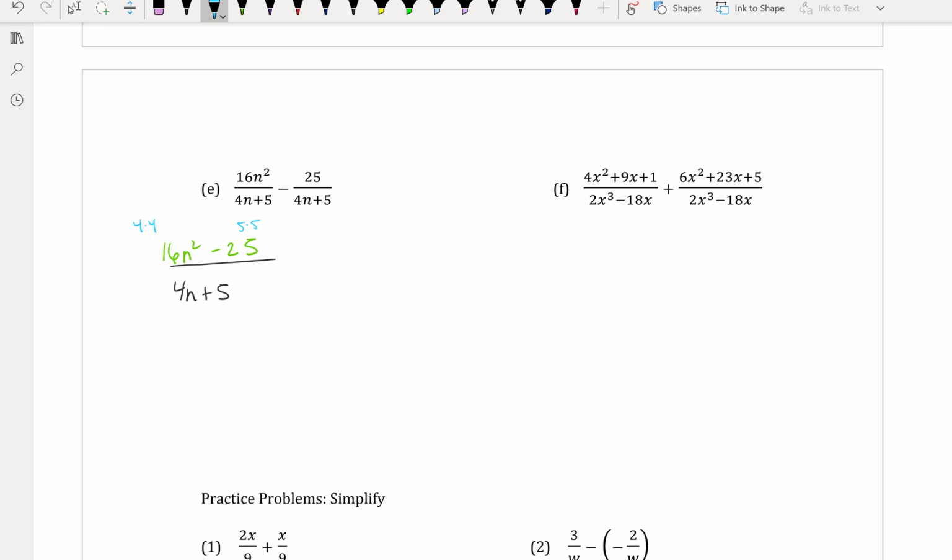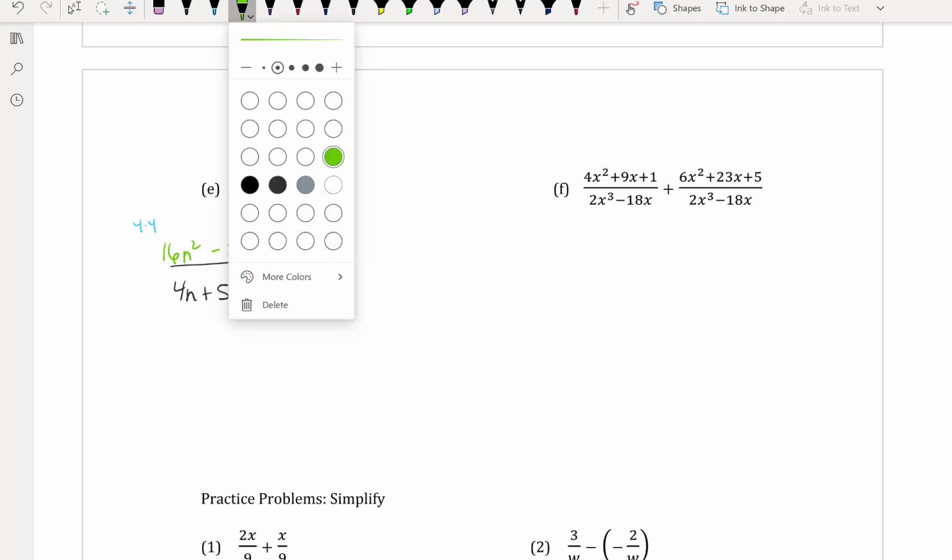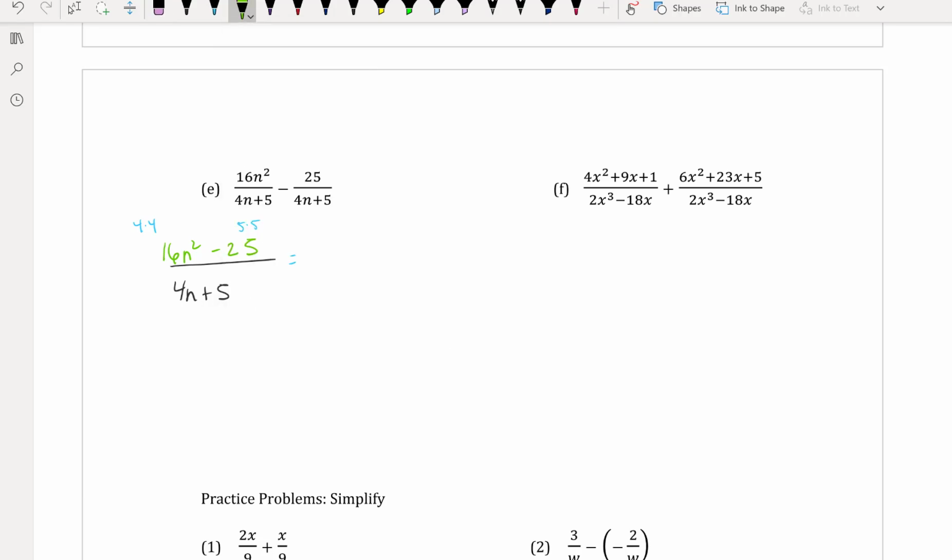So these are perfect squares. So this is going to reduce to a 4n plus 5 and a 4n minus 5, since it's a perfect square, and those are the conjugate pairs.